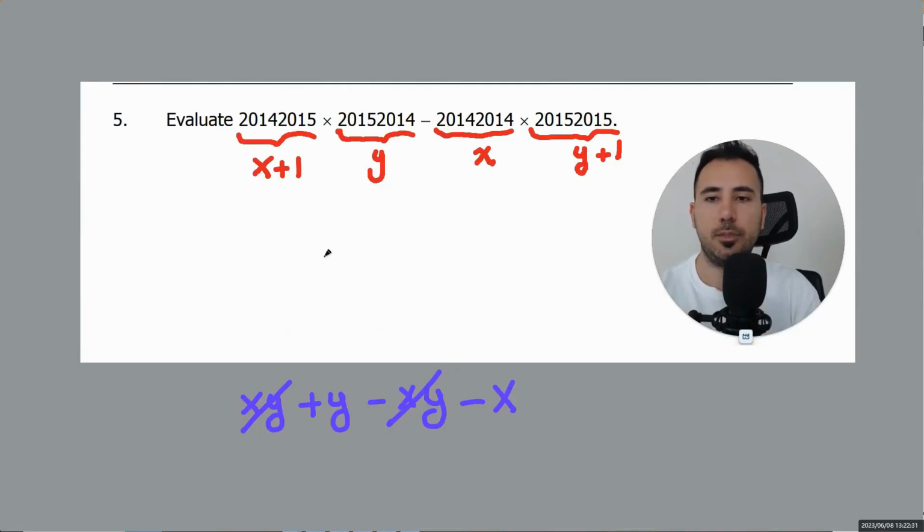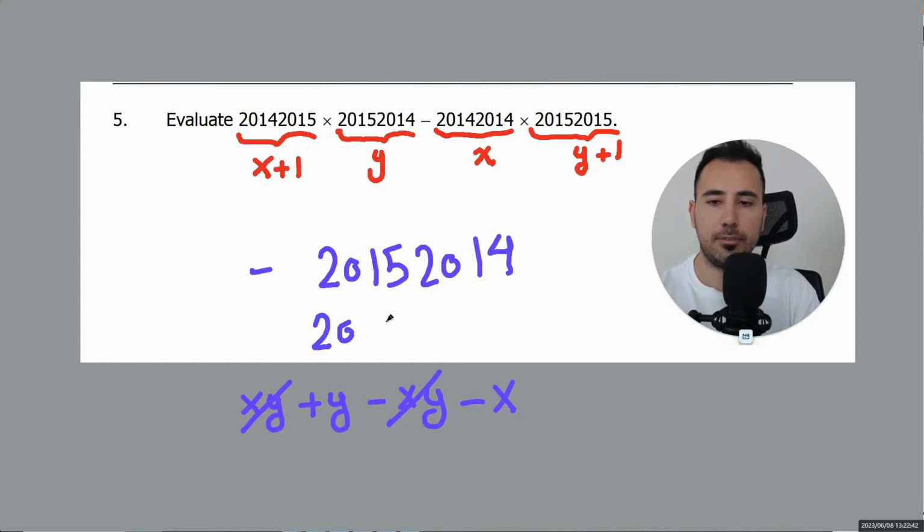Now, y is this one, 2015214. Minus x, 2014, 2014.